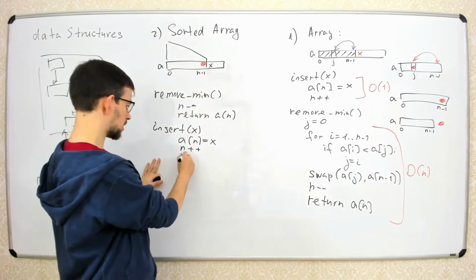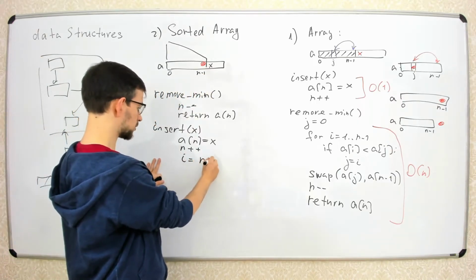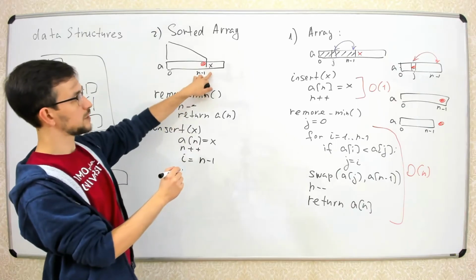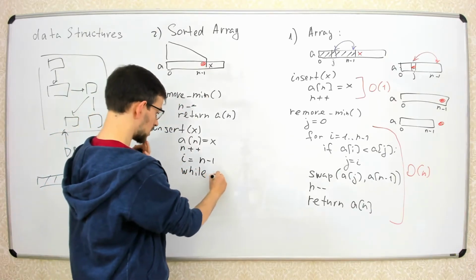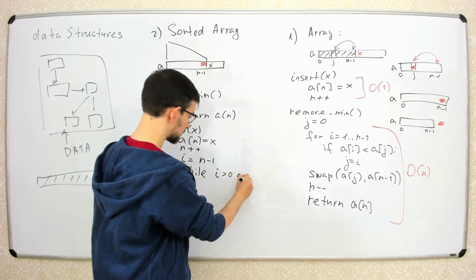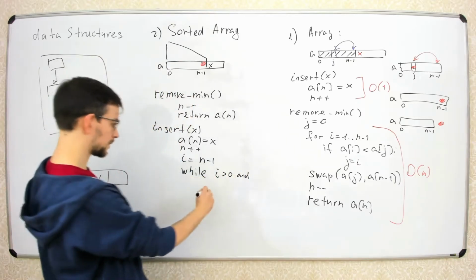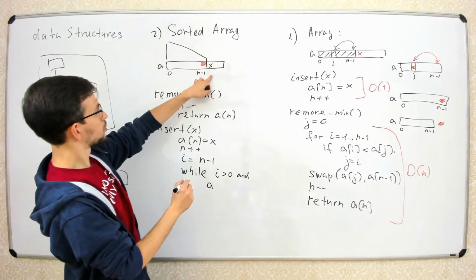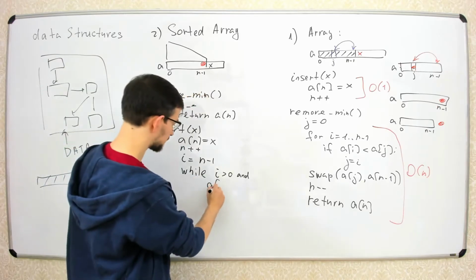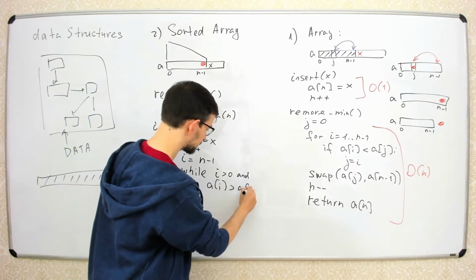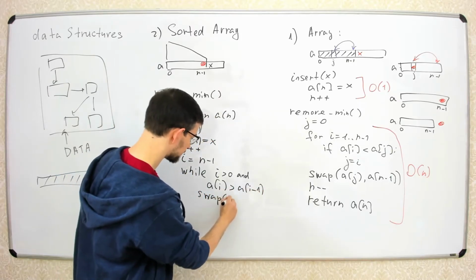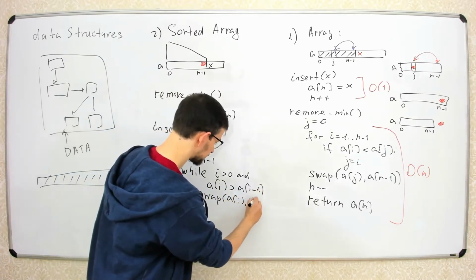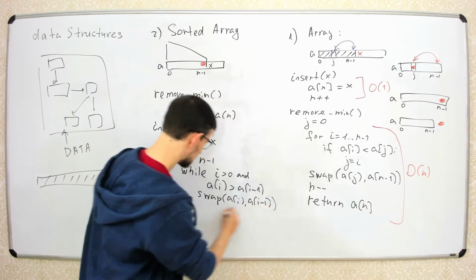So let's say i equals n minus 1. So i is the index of element x, and now while i is greater than 0 and x is greater than the previous element, I just swap them and decrease i.